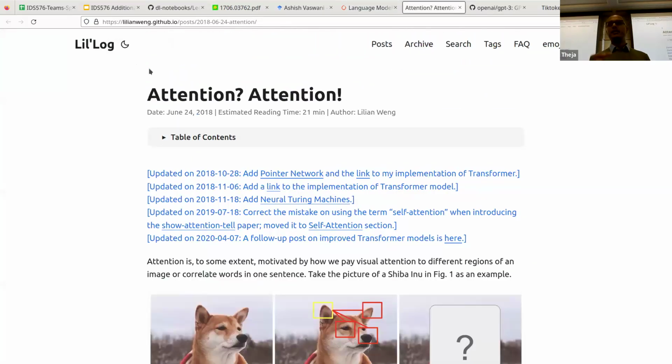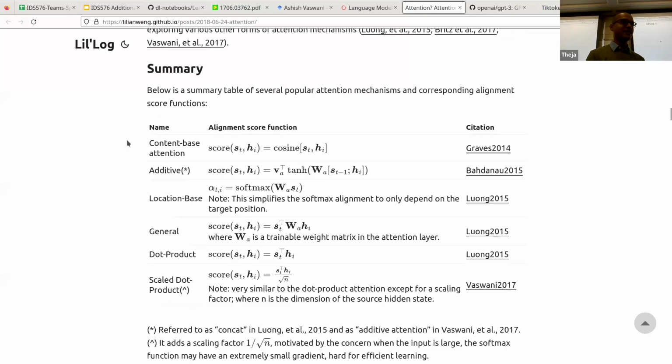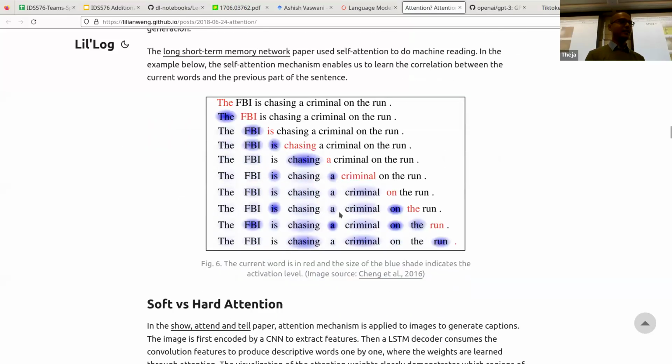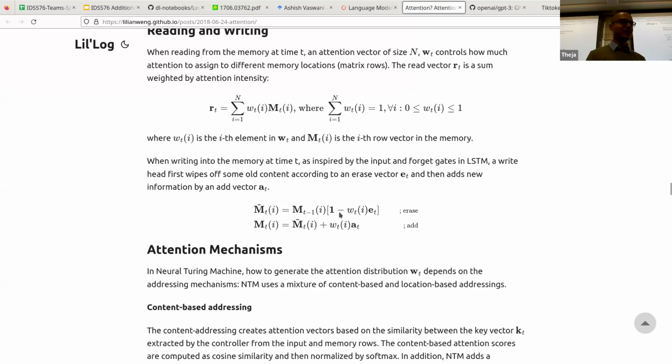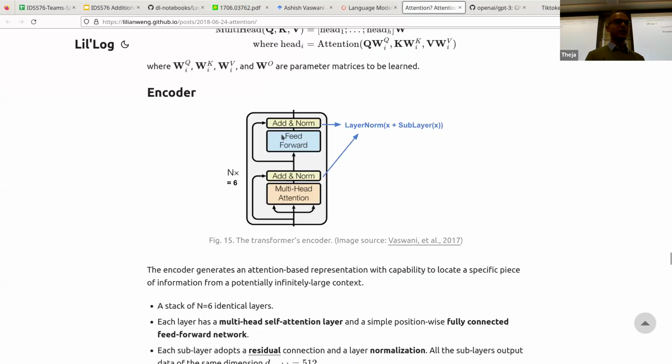There's also another link on the course page. This person has great summaries on various topics in machine learning. One of them is related to attention, and they probably use the same illustration at some point. Let's see if they do. Yes, this is from that paper.